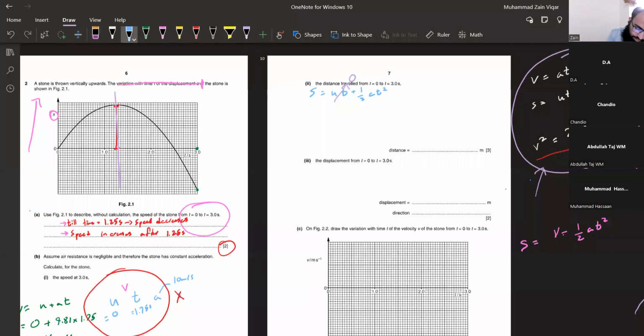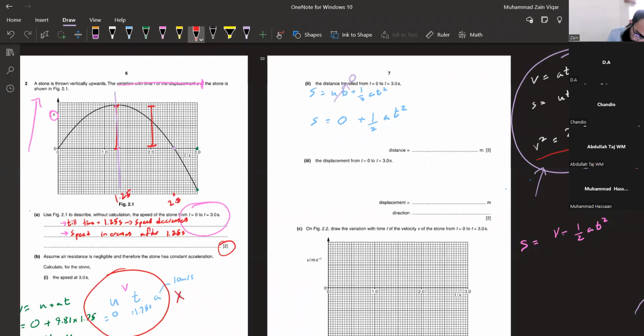Okay, so I have this formula: S equals 0 plus 1 over 2 at square. Depending on what I use as my time, I'll get the answer. If I want to find this whole displacement, I use this time, which is 1.25 seconds, and the next point is 2.5 seconds.